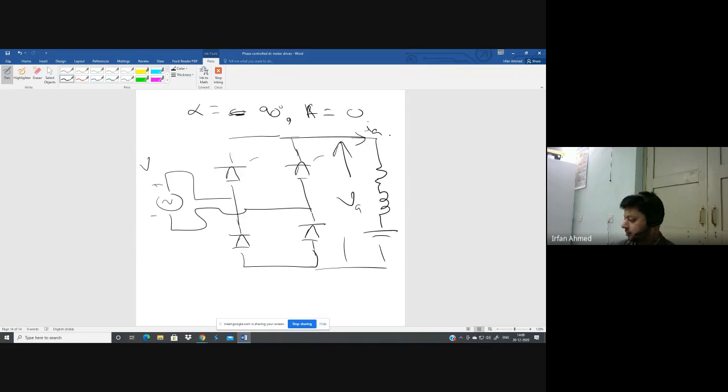I'll not go into the working of the semi-converter. You have already studied that in power electronics. The working is more or less similar.